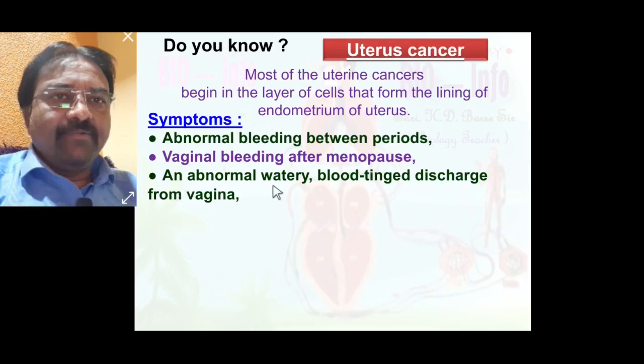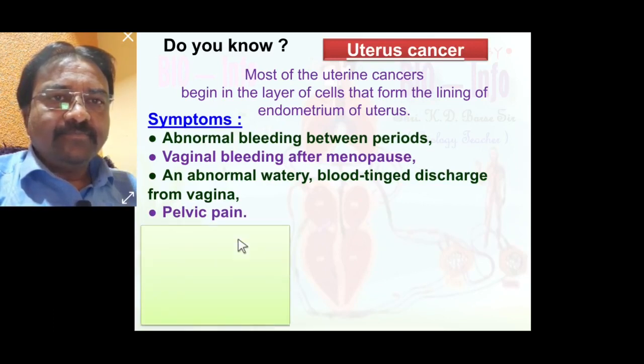An abnormal watery blood discharge from the vagina is also a uterus cancer symptom. Pelvic pain is a uterus cancer symptom.